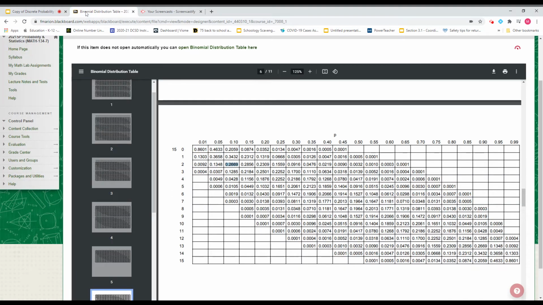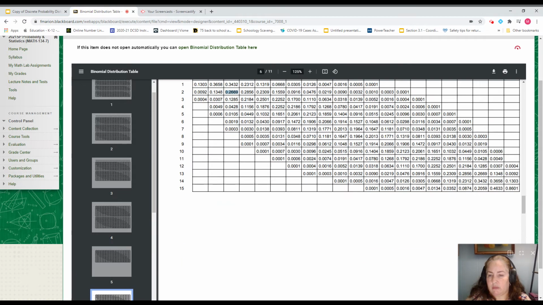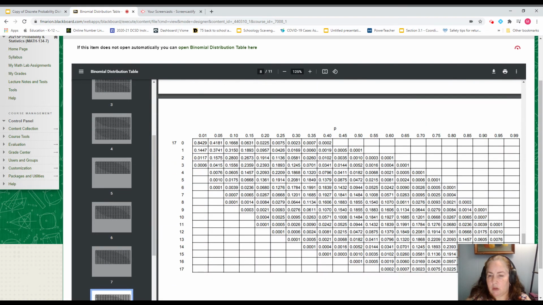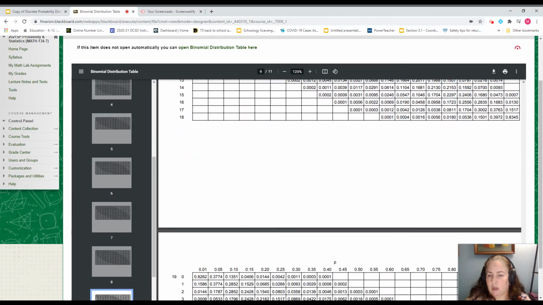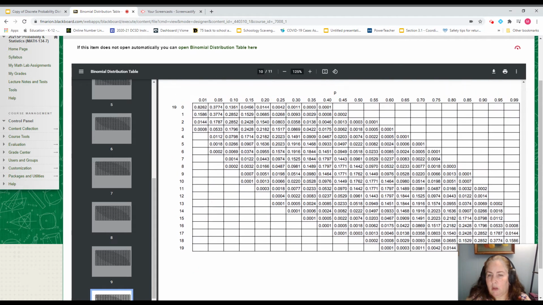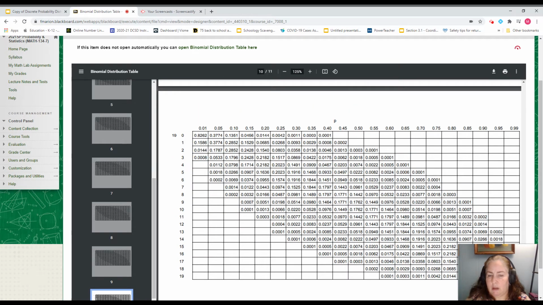So I'm going to go over here to my table, and I'm going to look for 19. All right, 19, and 0.8 is all the way over here. Now I want the probability that X is equal to 5. All the way up to 0.8, well, there's nothing there.